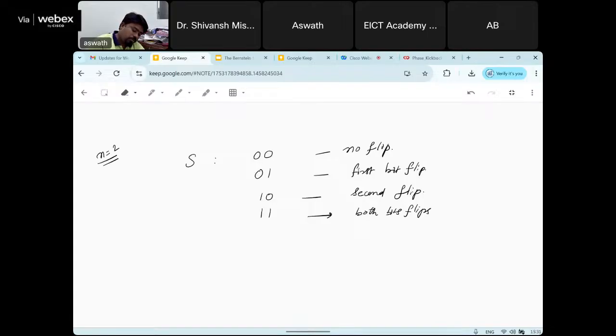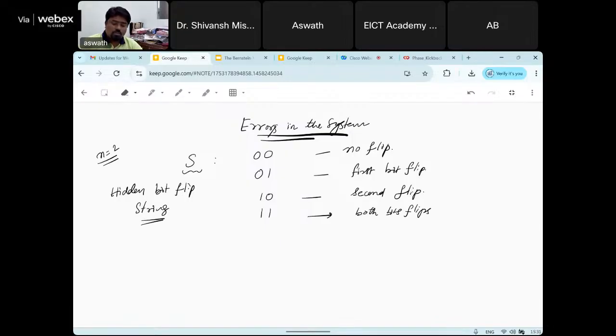So errors in the system are represented by some S, some hidden bit flip string. So this system has a problem.